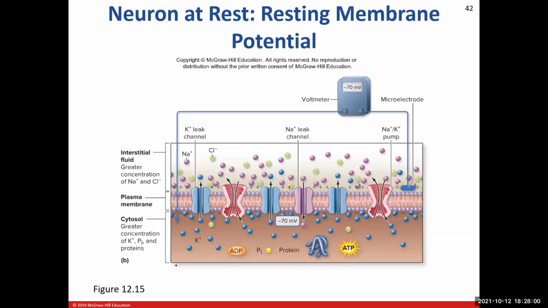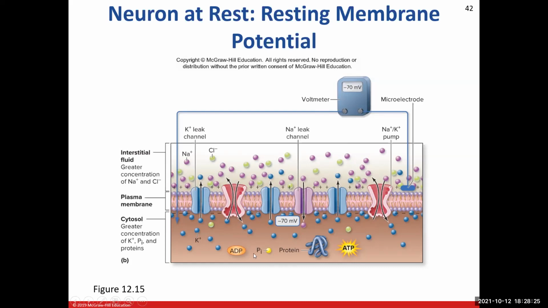So here you can see what's happening at a resting neuron. Here's our sodium potassium ion pump pushing out the sodium ions and pushing in the potassium ions. You got leak channels of both sodium and potassium. Far more, look at all these potassium channels compared to the one sodium.